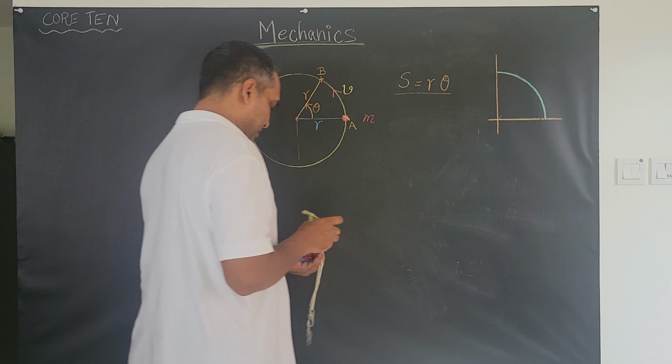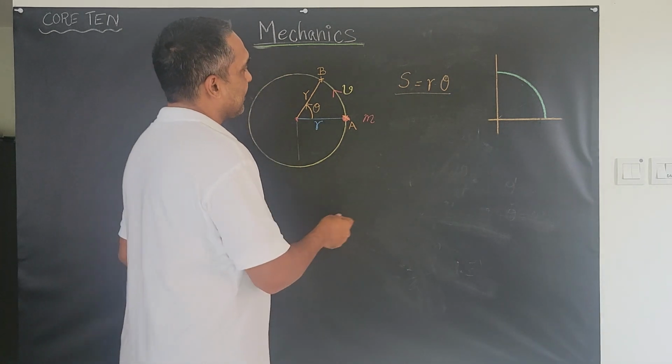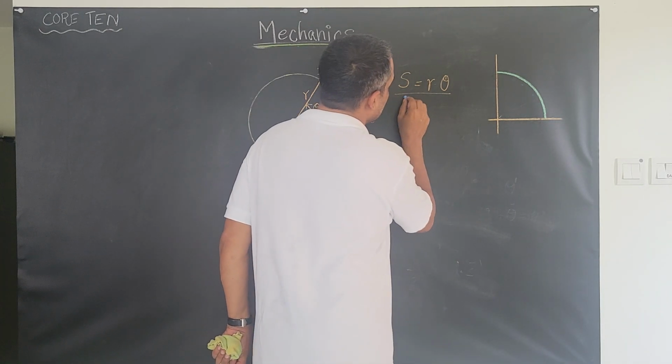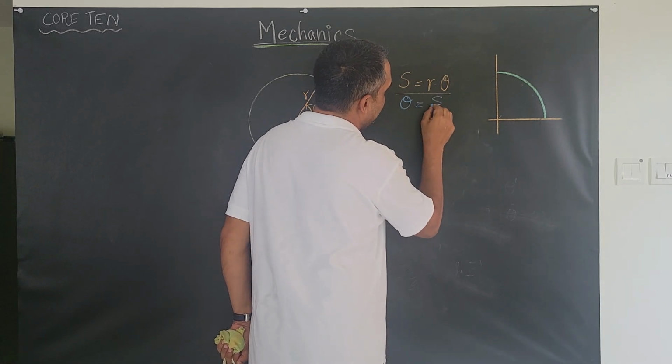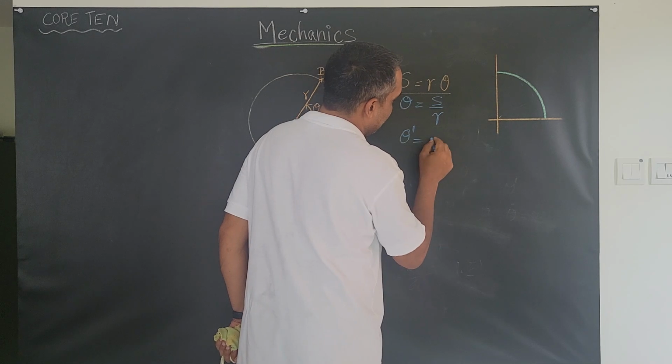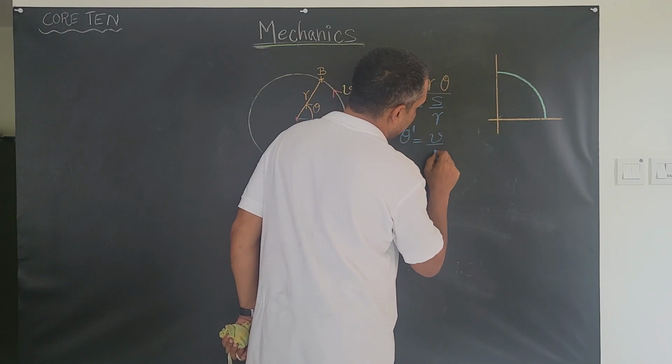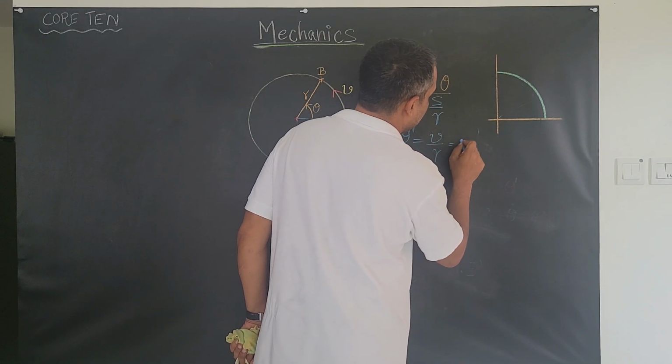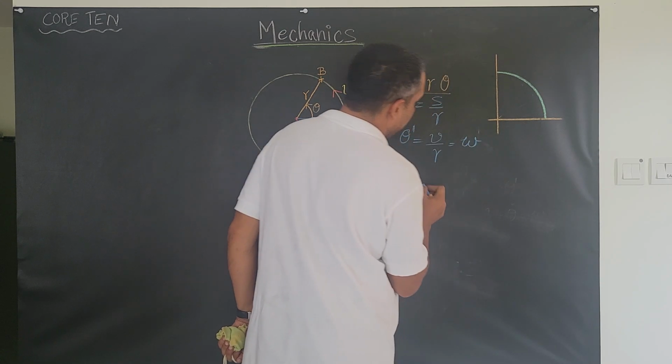So all of that can go. We'll just get back to what's important. Theta is equal to s by r, and theta prime is equal to velocity by r, also denoted as W.